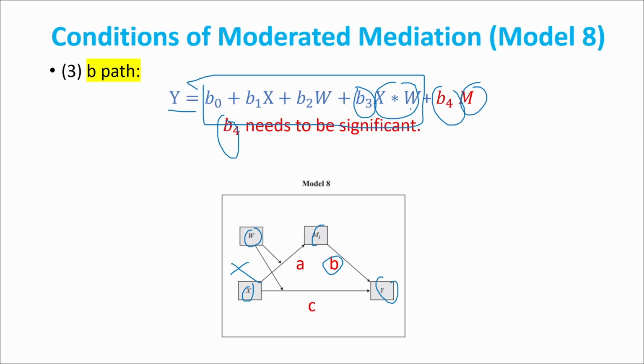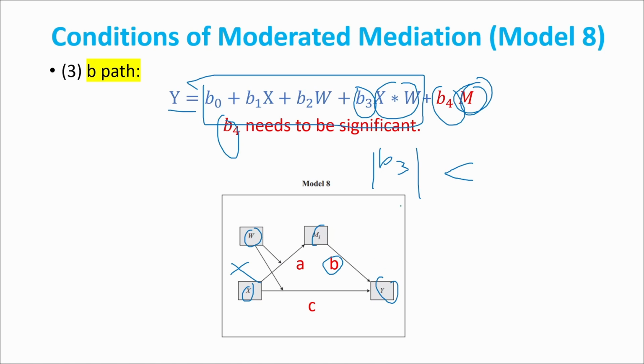One thing I want to comment on here is that, generally, after adding the mediator, the absolute value of the B3 here should be smaller than in the first step.